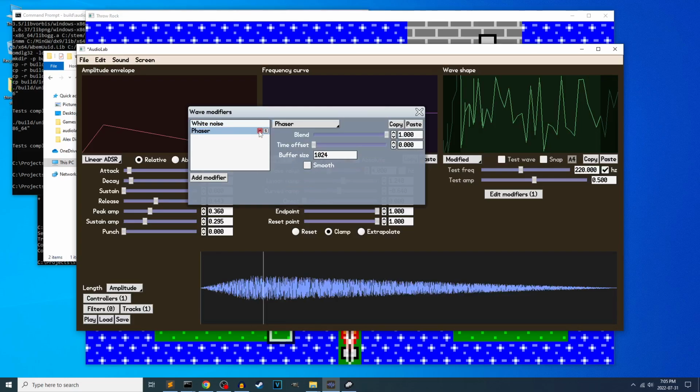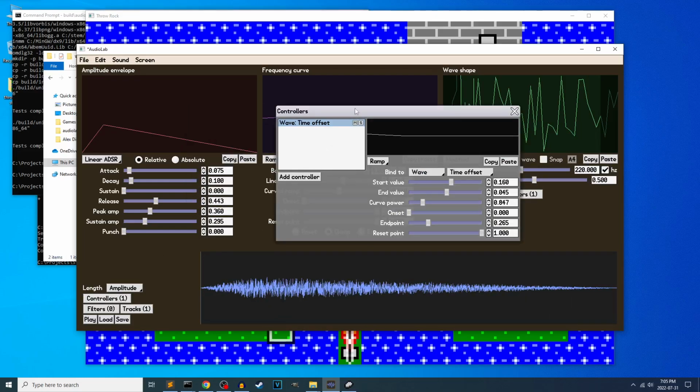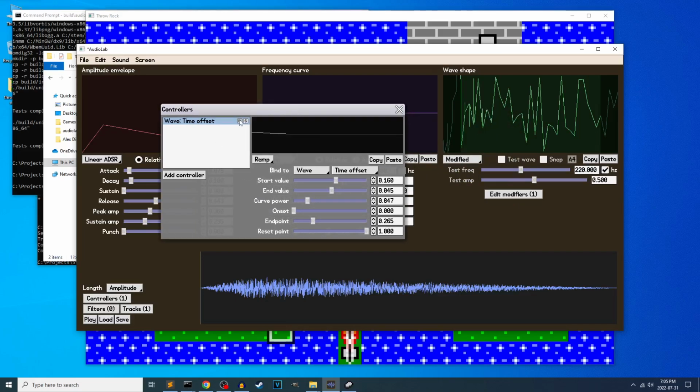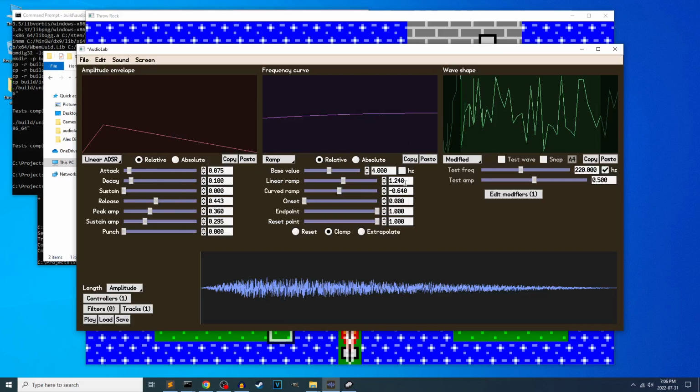So phaser. That's quite a difference. Is there a controller involved? There is. Huh. Okay, so phaser offset is being controlled with this, and that's the effect I get. Okay, well, I don't really have the vocabulary to explain why that is, but that's what it does.